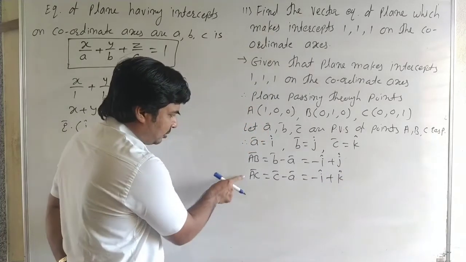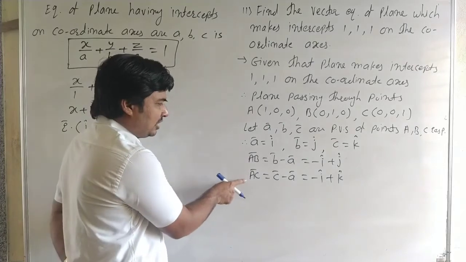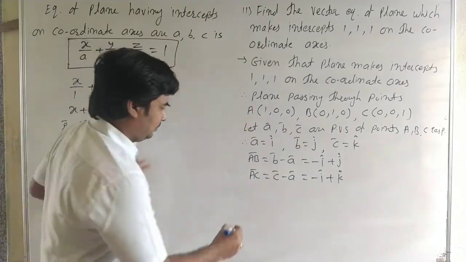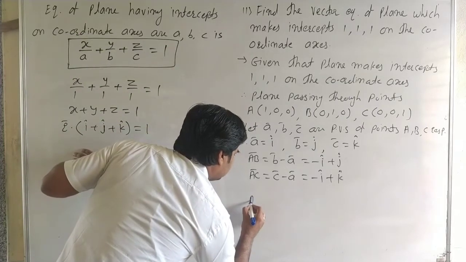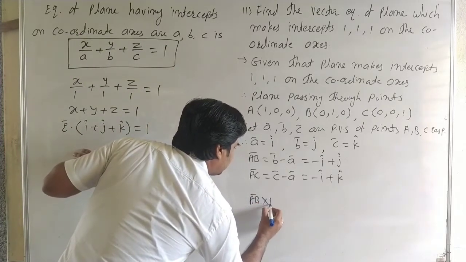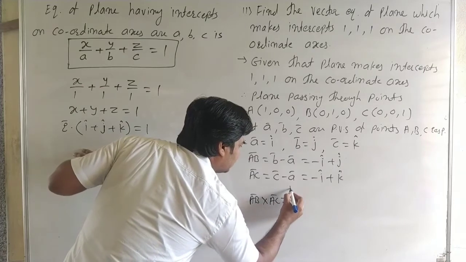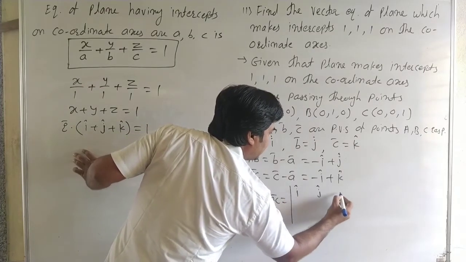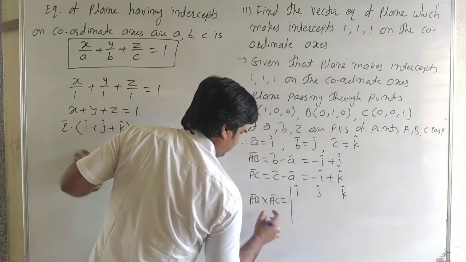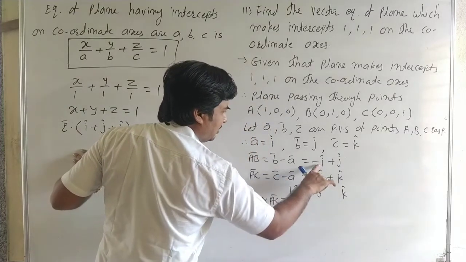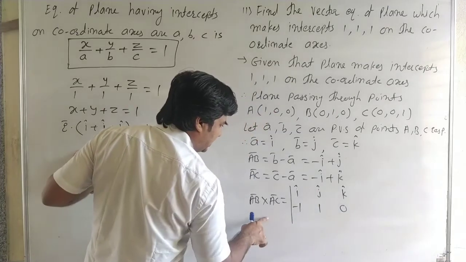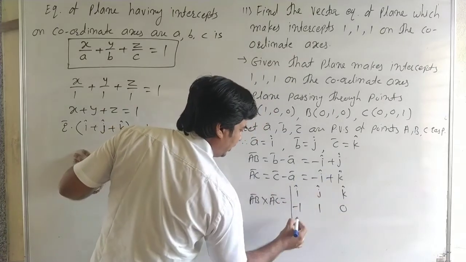Now we find the cross product AB cross AC, which is normal to the plane passing through points A, B and C. Therefore AB bar cross AC bar is the determinant with I cap, J cap, K cap; AB is minus 1, 1, 0; AC is minus 1, 0, 1.